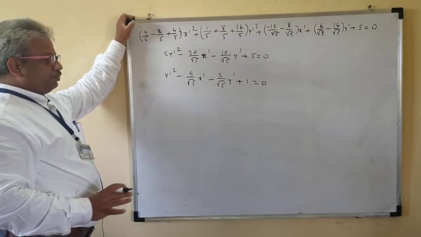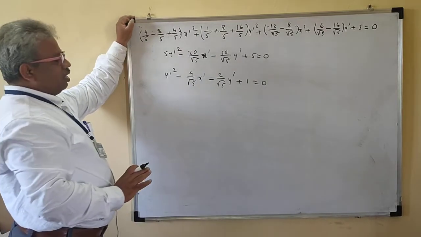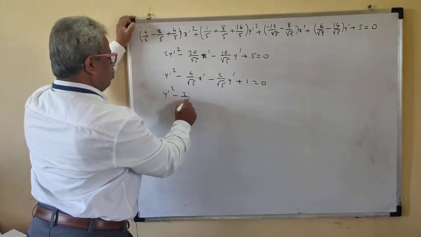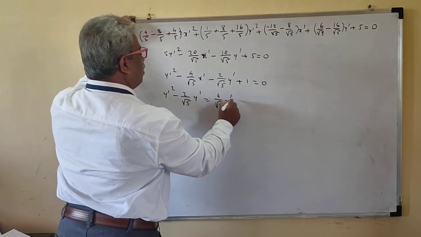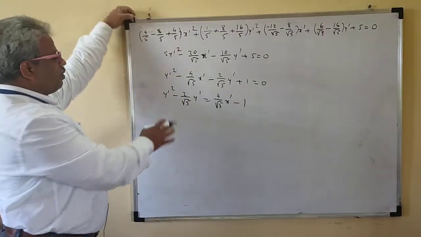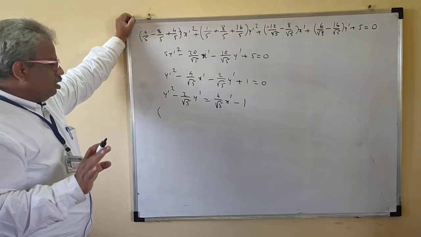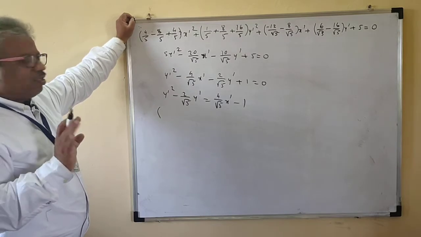What I will do is shift all the terms of x prime and the constant to that side. So 2 by root 5 y prime is equal to 4 by root 5 x prime minus 1. Okay, so I will simplify this into a perfect square now. No problem here, we don't need to find the center and all those things here.